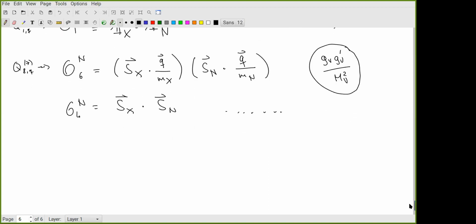And in the last minute, let me just say that once we know the coefficients of these operators, what we need is the matrix element of these operators in the nucleus.